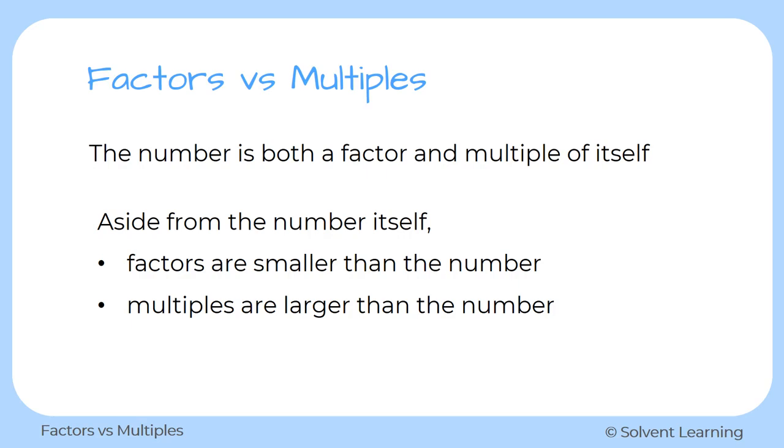So this is something that really comes in handy when you're working with factors and multiples, because sometimes it's easy to get them mixed up. So just remember, if it's smaller than the number, it's most likely a factor, and if it's larger than the number, it's most likely a multiple.